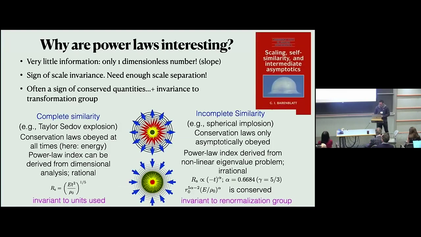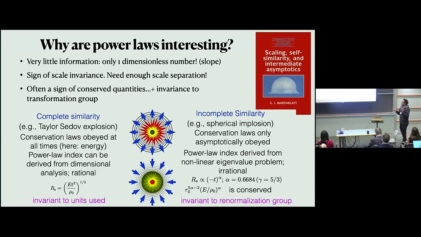So for some reason, I love power laws, right? It's something where you have minimal information. You have one dimensionless number. And I guess the condensed matter physicist will tell you all kinds of profound things about universality and phase transitions.